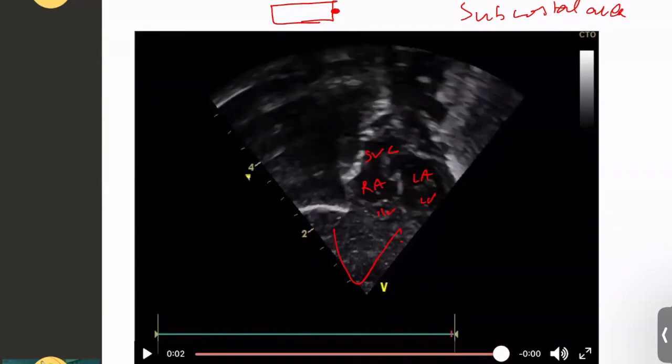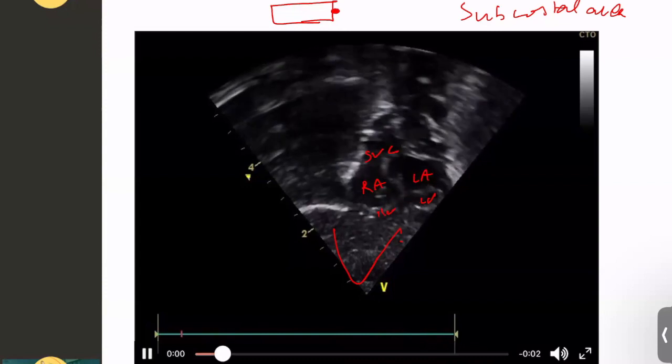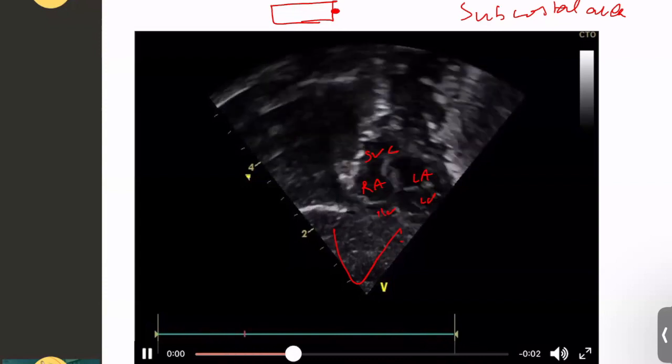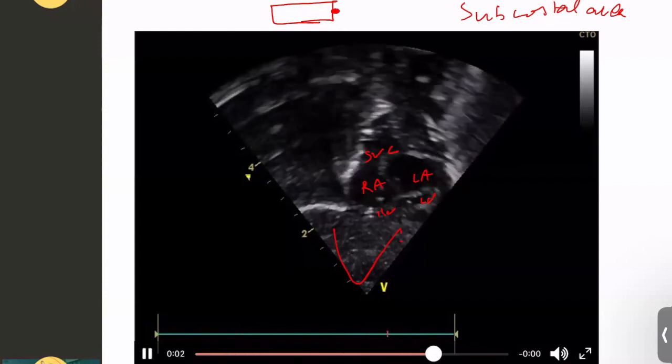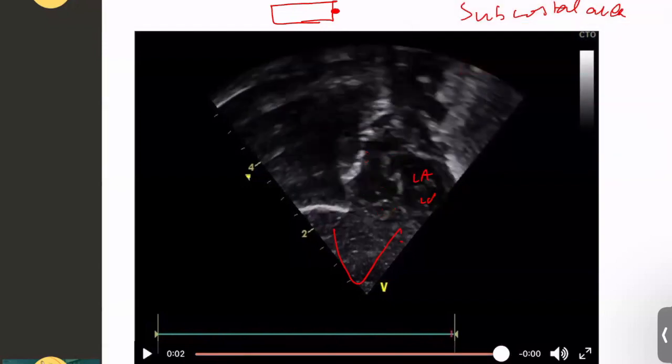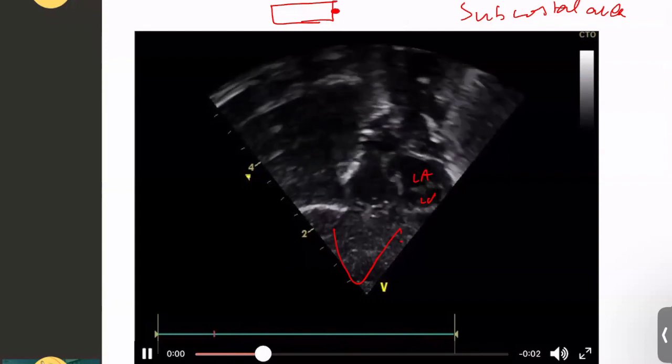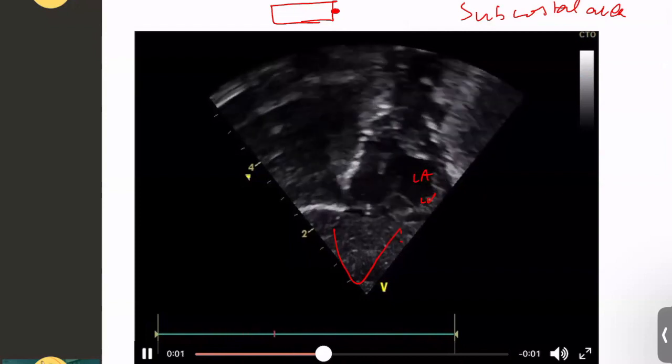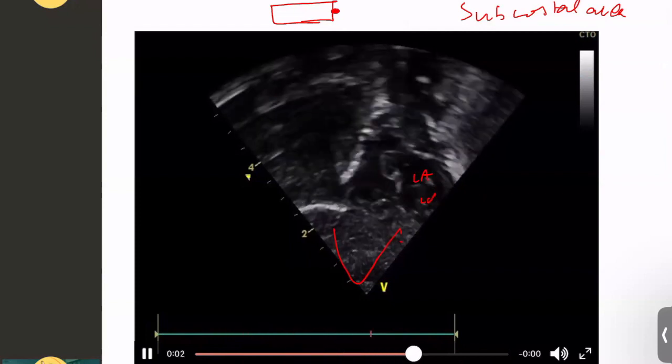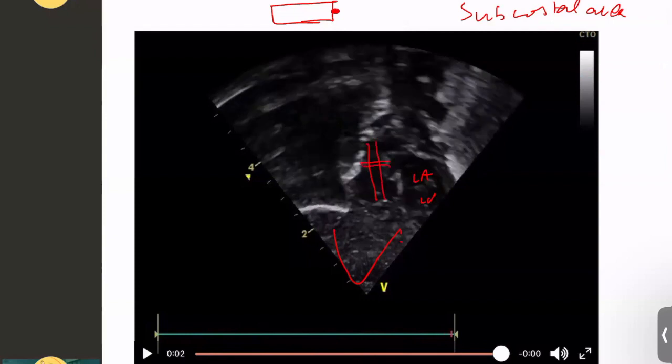So this is the place where the flow is parallel. Whenever we have to estimate the flow, I advise to put the pulse Doppler and the range gate here, where the SVC is entering into the RA.